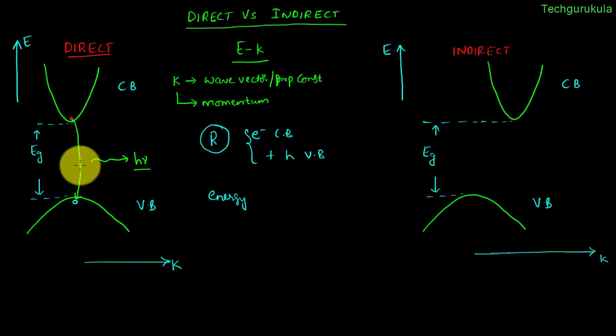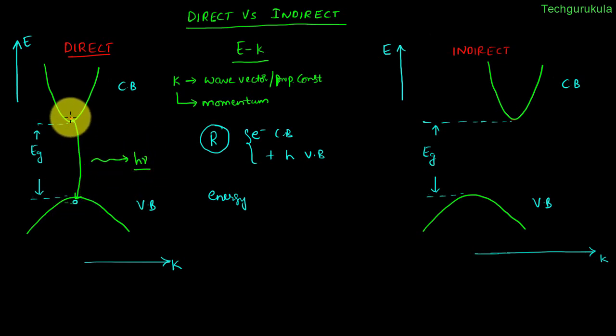Now if you see here, the energy is conserved because the amount of energy it has lost is actually given as light with energy h nu, and the amount of energy would be equal to the energy difference between the energy level of the electron and the energy level of the vacant state, the hole. So that would be equal to this h nu.